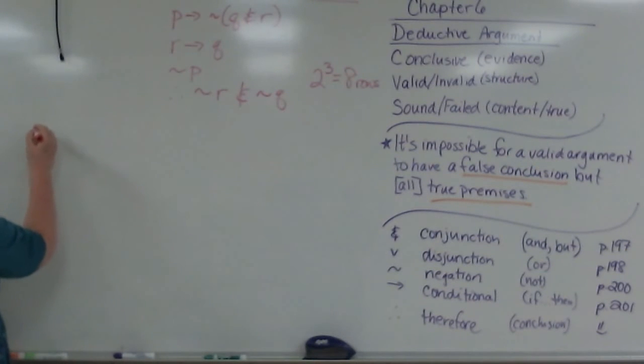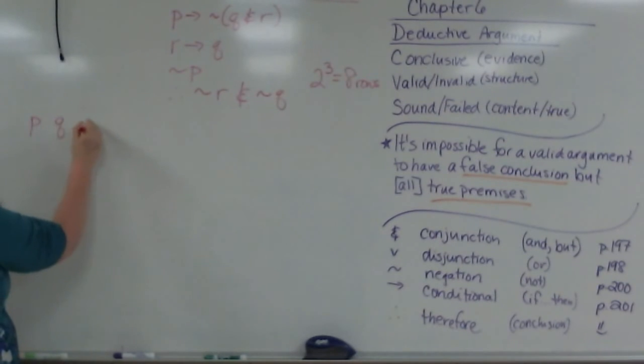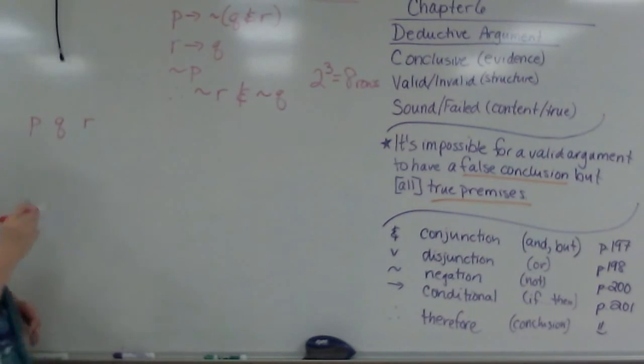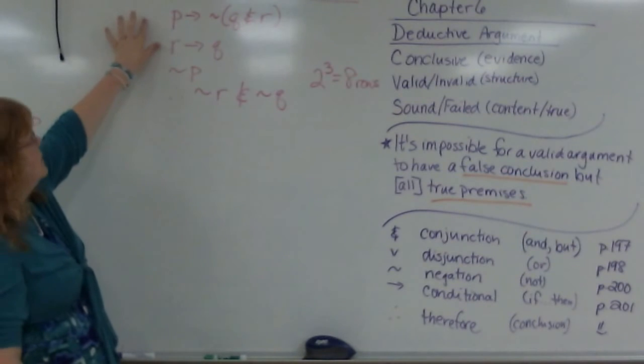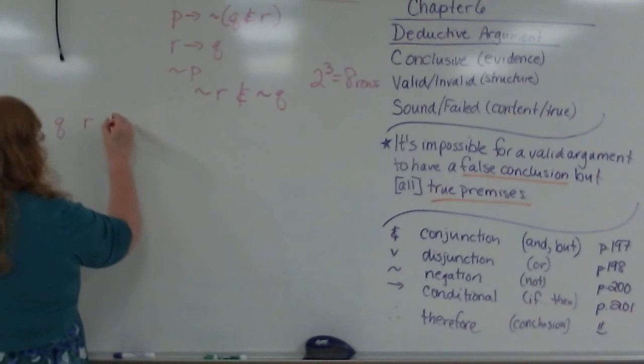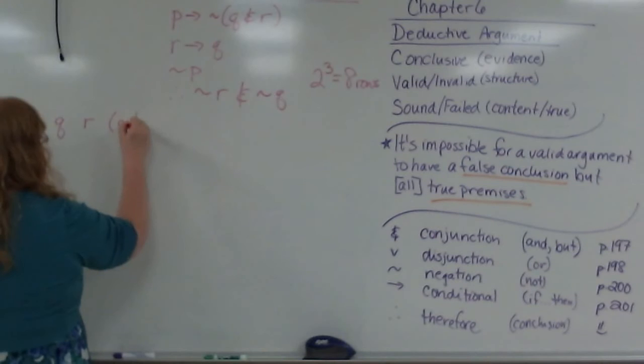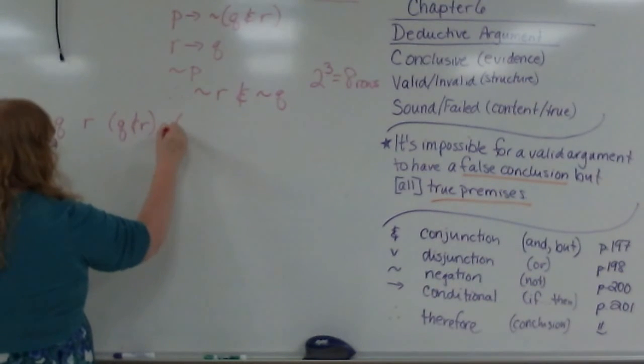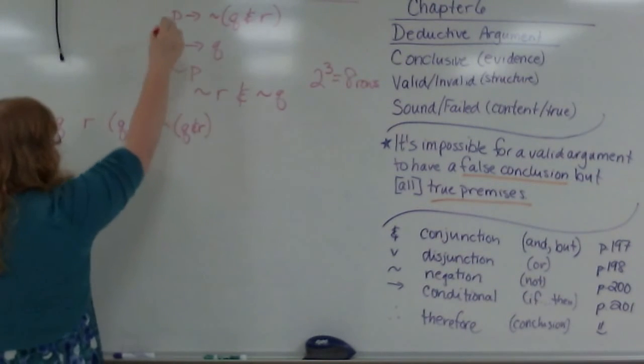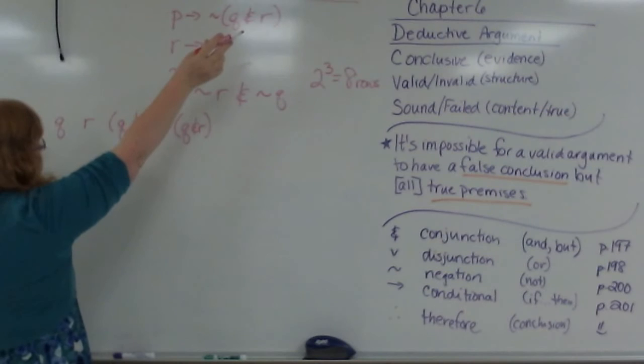So I'm going to start over here a little bit so I can maybe end up right. So we have P, and we have Q, and we have R. Okay, we know we need those. That's fine. Now, we also need, from this first line, a Q and R and a not Q and R. Okay, that gets us down to 1 relationship.